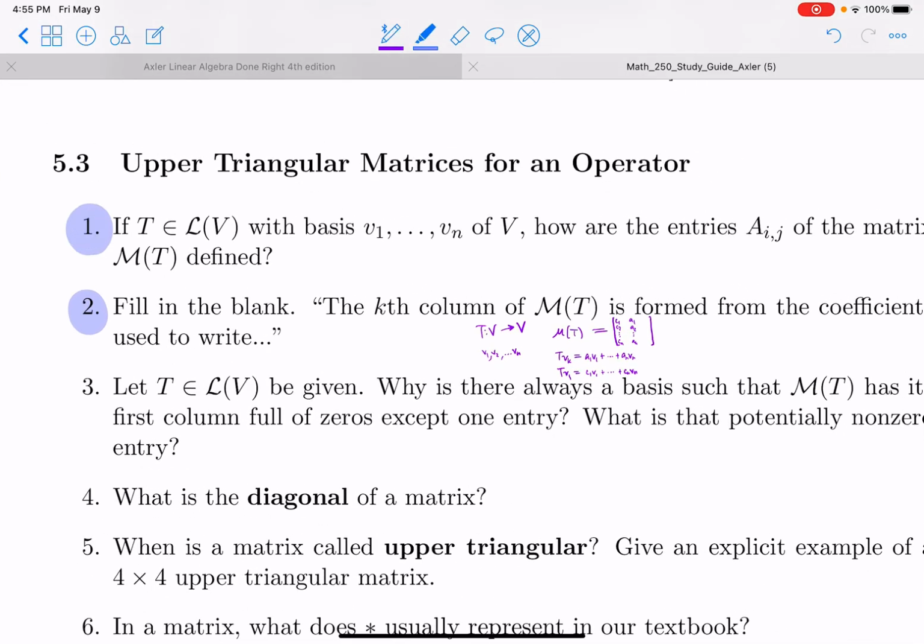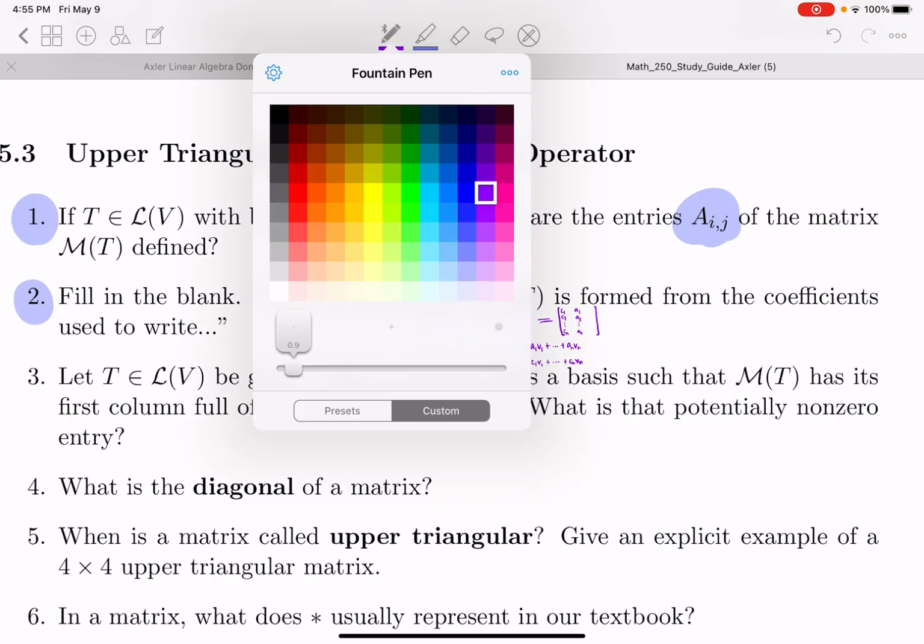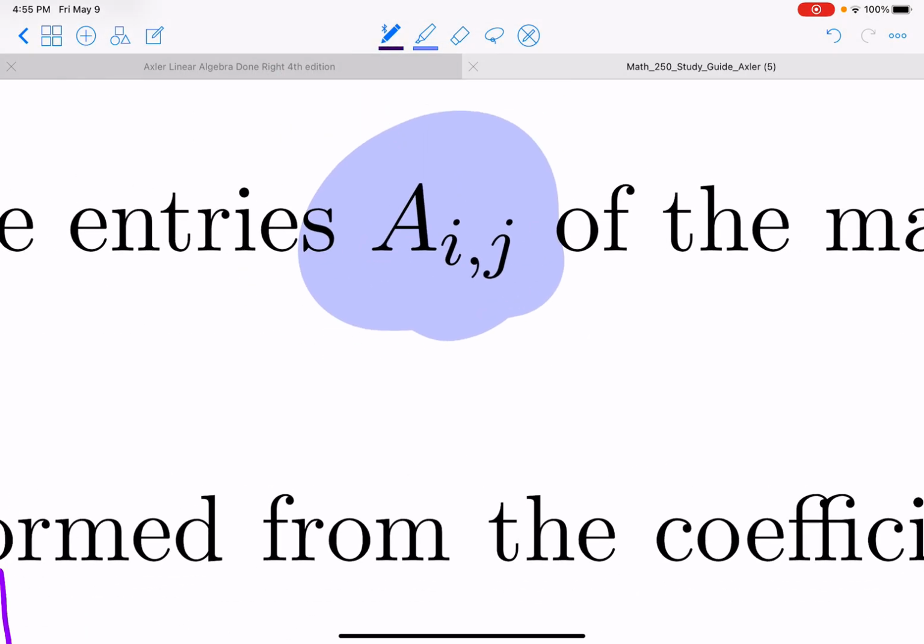So now look at number 1. Pause the video, see if you can figure out these entries. Okay, so we know that the kth column should contain a1k, a2k, all the way down to ank. And so those are just the coefficients.